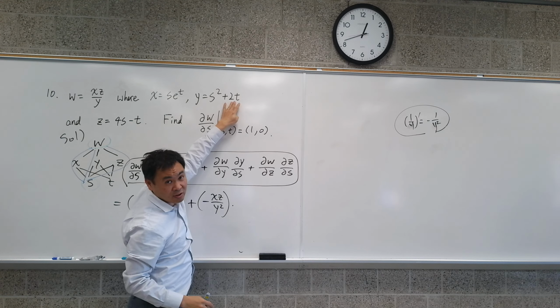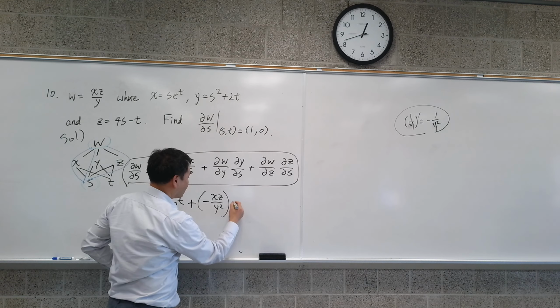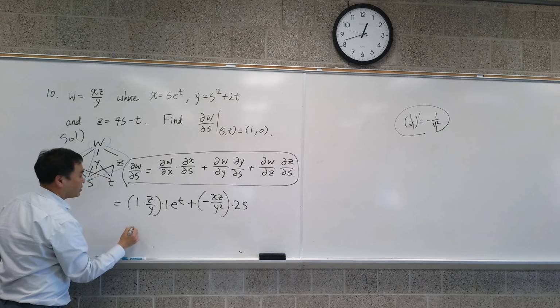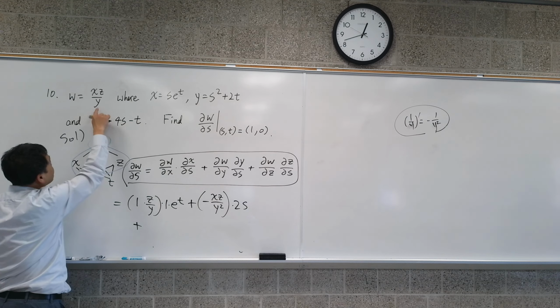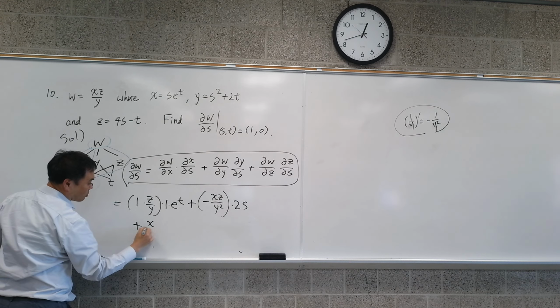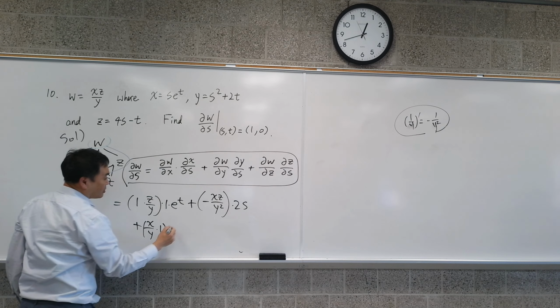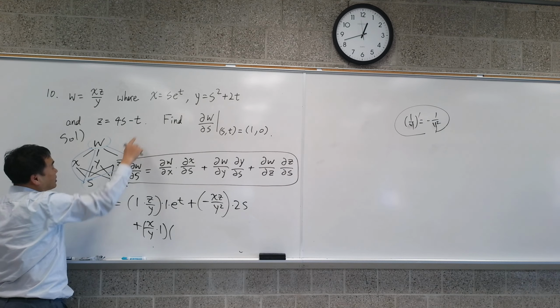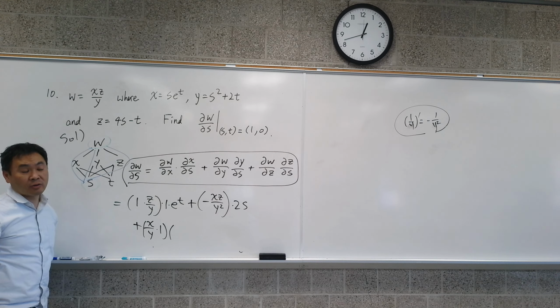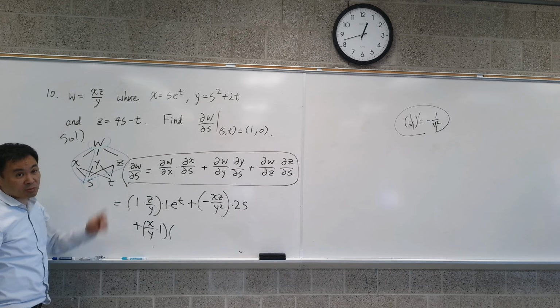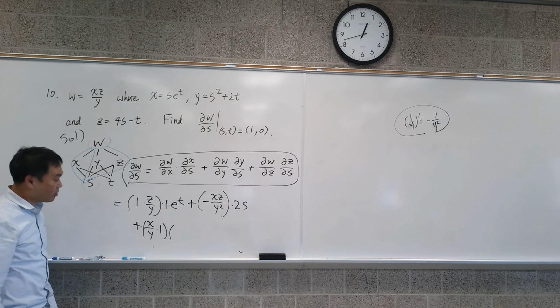Constant differentiates to 0. 2s. Plus, when you differentiate this by z, it's just x over y times 1, because derivative of z is 1. And then if you differentiate z by s, what do you get? 4, yes.